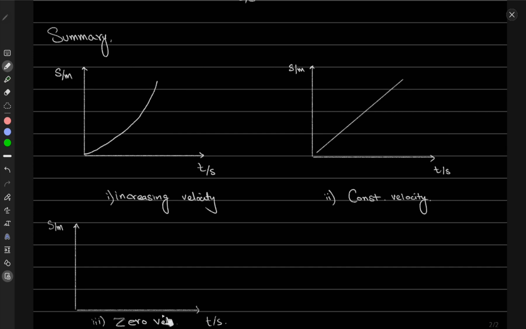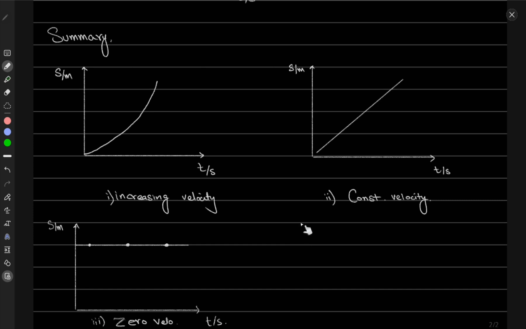So there is no change in displacement. So if I was initially at this point, then after some time passes on this axis, I'd still be at this point, and then I'd still be at this point. So we can draw this line and we can see that at every time we are at the same value of displacement. So here the velocity is 0.